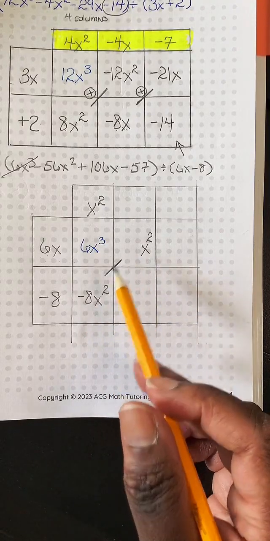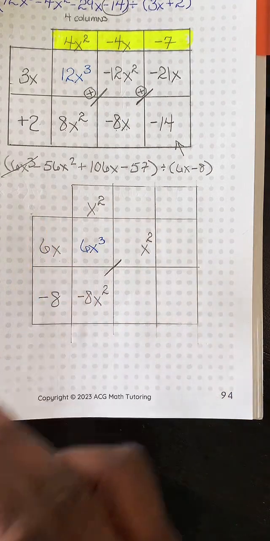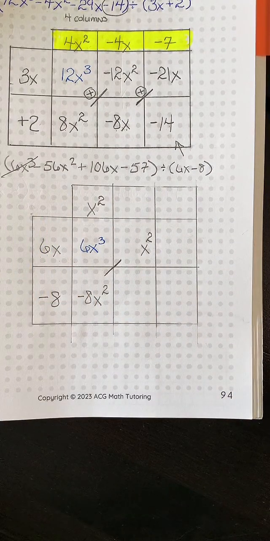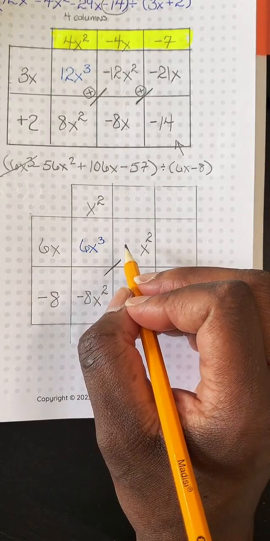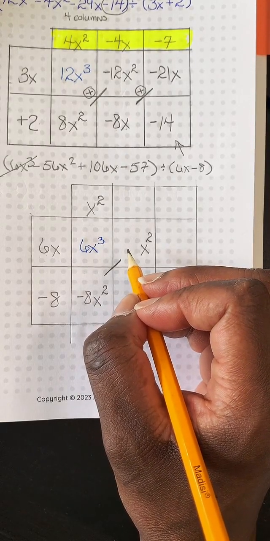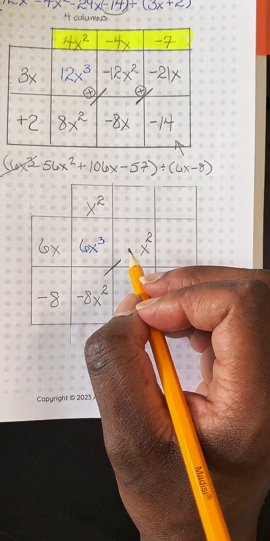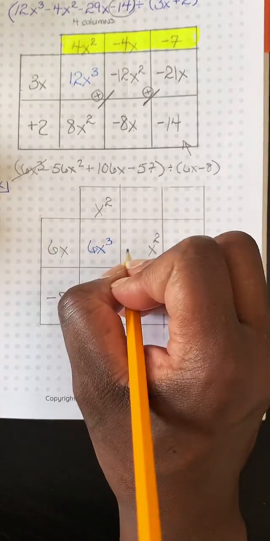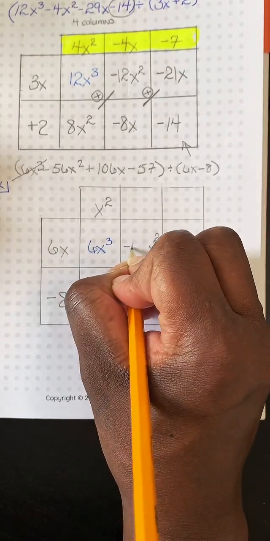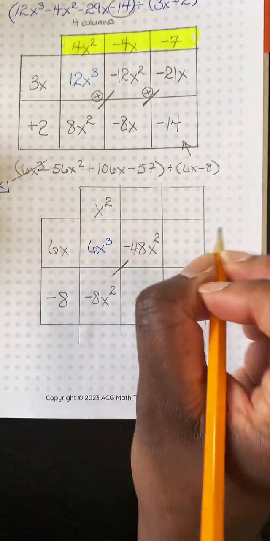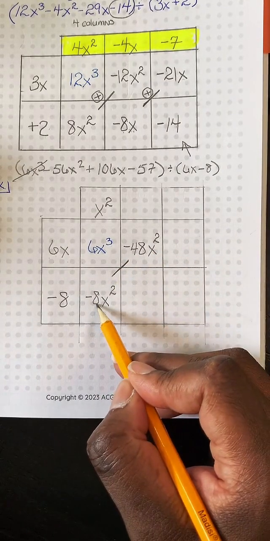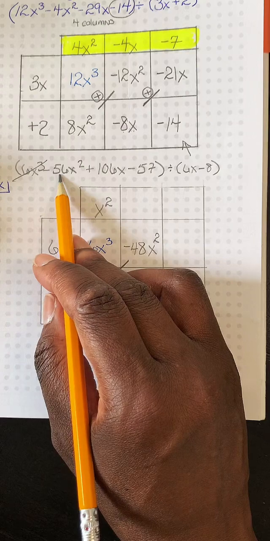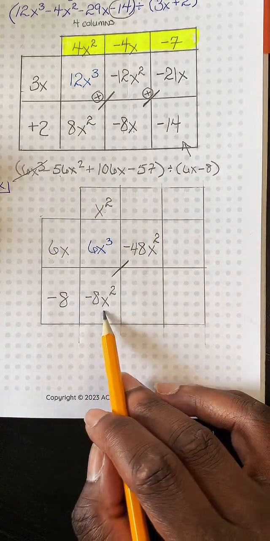Remember, we have to add. We're so used to multiplying, it just kicks in. So we're saying 48. This is actually going to be a negative 48, because negative 48 plus negative 8 gives me a negative 56. And make sure that they have the x squareds.